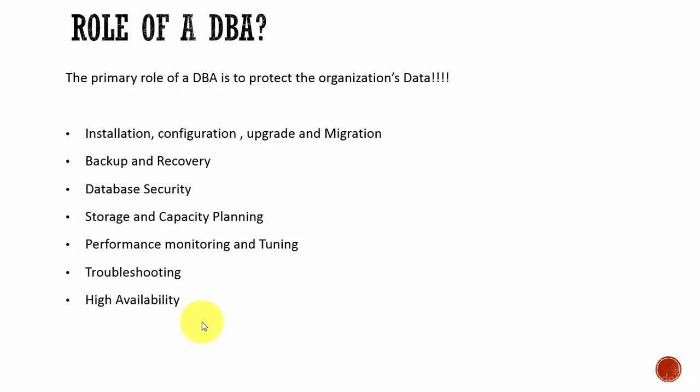For example, the DBA needs to configure a standby database, and the data from the original server needs to be replicated on a frequent basis into the standby database. And if for some reason the primary database comes down, the DBA can use the standby database. That means basically you have a second database which is a replica of the first database, so that if the first database fails, you can bring up the second database.